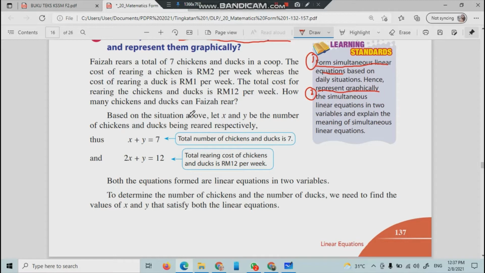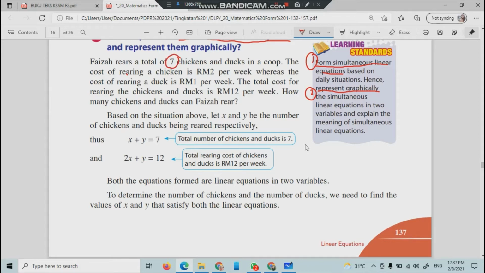Based on the situation above, we can form simultaneous linear equations, which means we have two linear equations with two variables. The first one is x plus y equals 7, which is the total number of chickens and ducks. Given in the situation, Faiza rears 7 chickens and ducks in total.